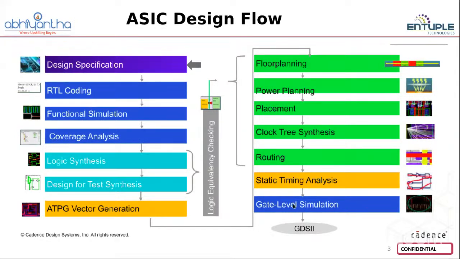Once the layout and sign off are completed, we do the back annotation, which is post layout simulation. Once it is satisfied, we can generate the GDS file for the fabrication process.